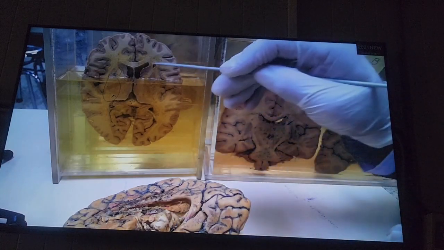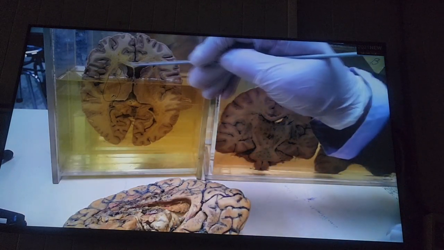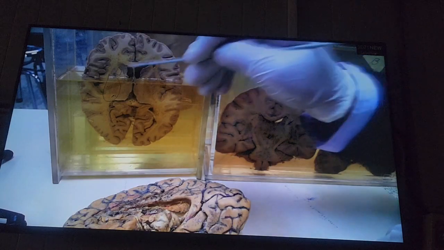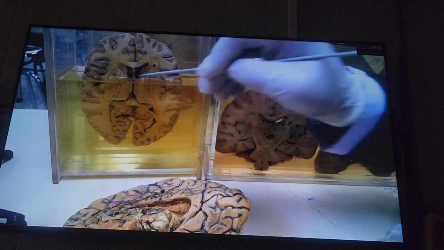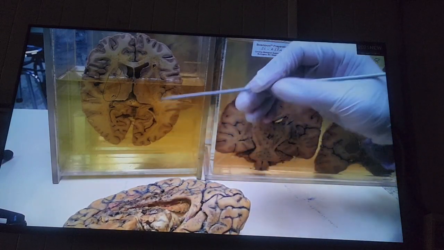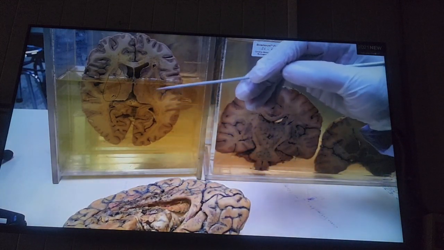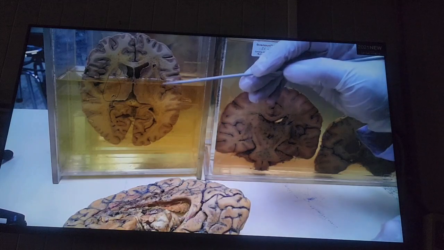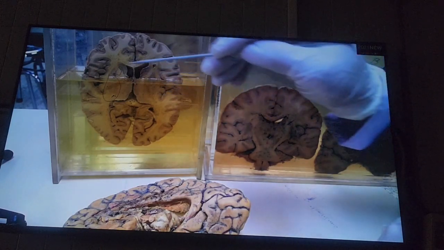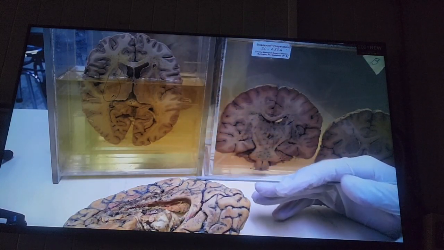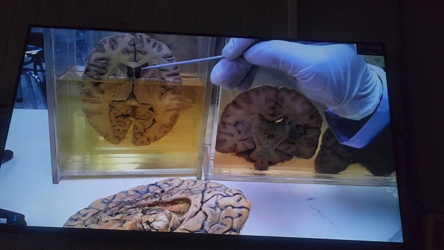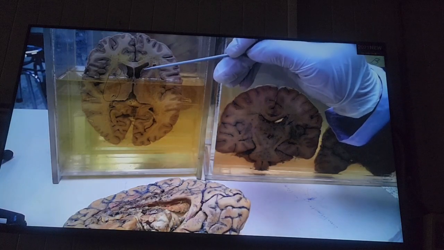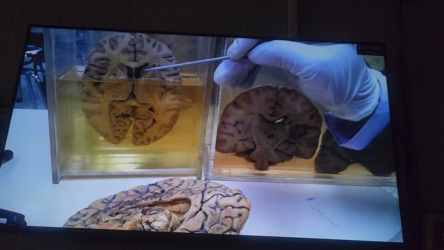The floor is the bulbous part of the head of the caudate nucleus. Here, this is the head of the caudate nucleus, which meets the roof at an angle on the lateral side, but it's separated from the roof medially by the septum pellucidum. This is the septum pellucidum.